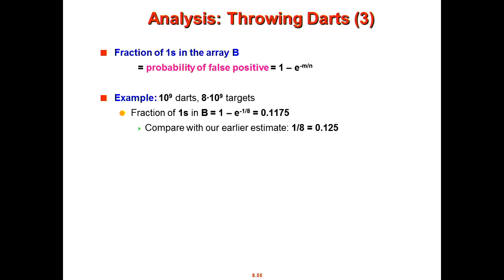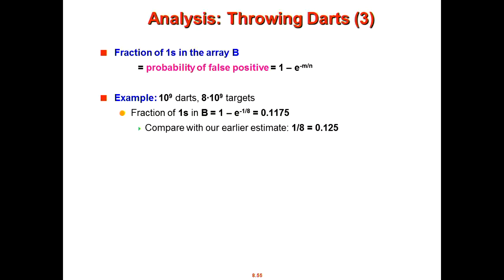Next, in the data stream, you want to check if one element is contained in S. But what we have is only the hash values of S. So we can only compare the hash value of the given data element with the hash values of the elements in S. So we apply the same hash function to this element, and then we check if the corresponding bit in the bit array is 1 or 0. If it is 0, we know that this element is definitely not in S. But if it is 1, we know that it is in S, but not for sure.